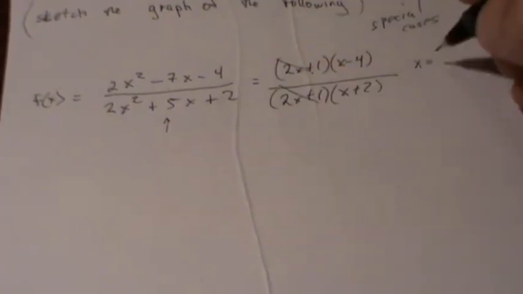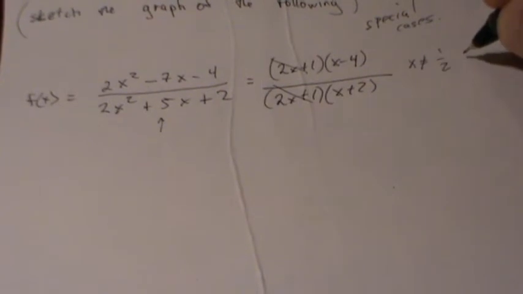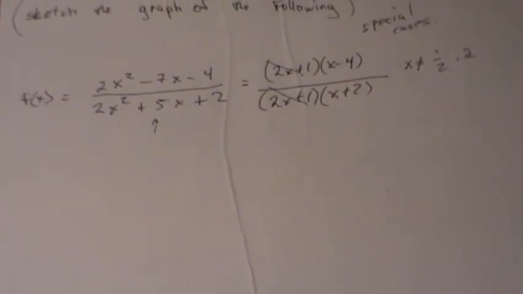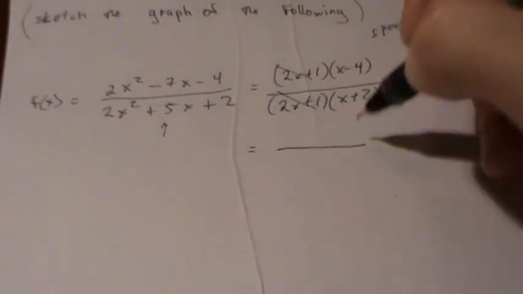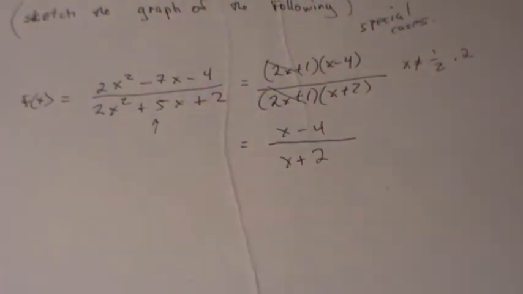But then you have to think to yourself, wait a minute, in the original function, x cannot equal 1/2 or 2. All right? X cannot equal 1/2 or 2. But now that you've canceled these, what you actually have is x minus 4 over x plus 2.